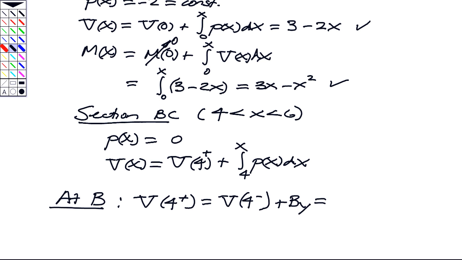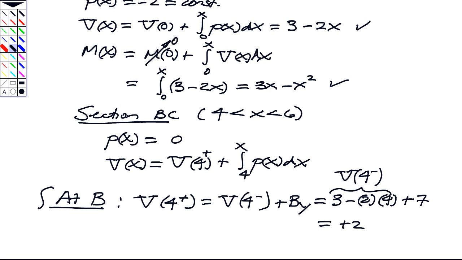So we know that right to the left of 4, we calculate V as being 3 minus 2 times 4. So this is the shear force right to the left of By. Add on to it By, which is a 7. So this ends up being a 2.